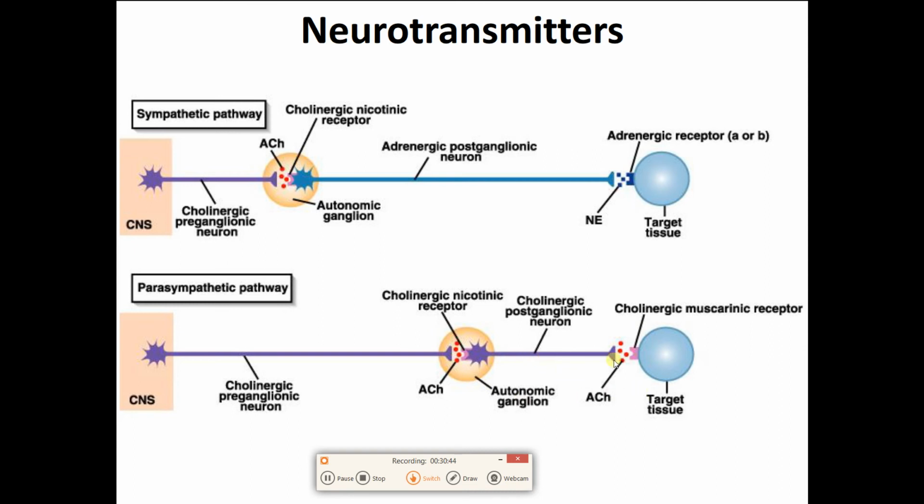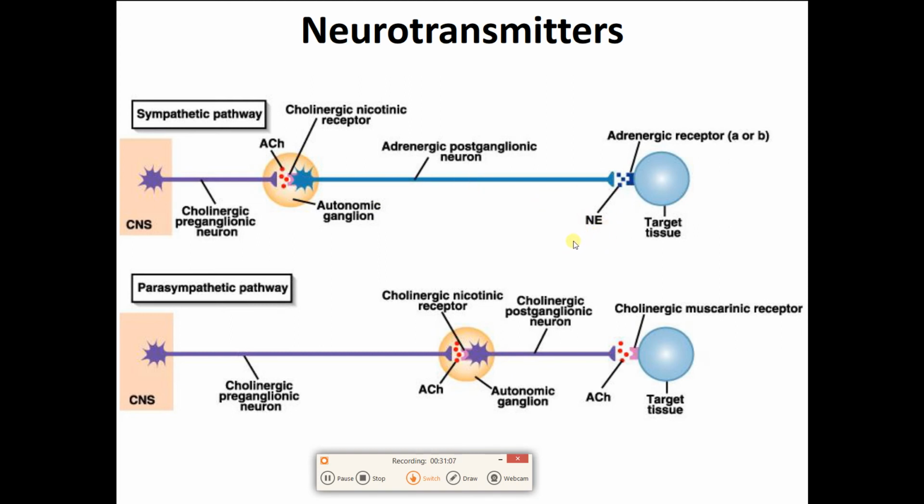So we got acetylcholine being released in 3 spots here, norepinephrine being released in 1. Both of our initial preganglionic neurons are cholinergic, releasing acetylcholine. Our postganglionic parasympathetic is cholinergic, but our postganglionic sympathetic is adrenergic, releasing norepinephrine.